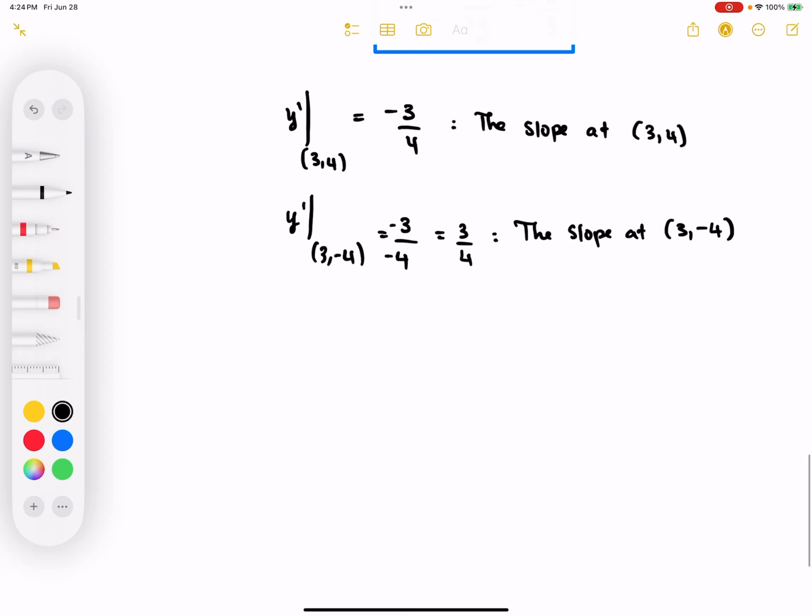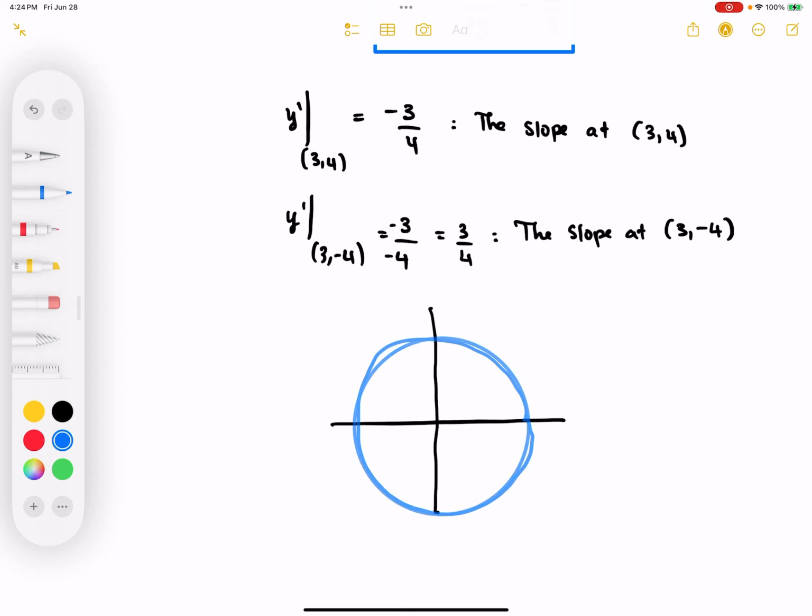Remember the previous circle, or let's draw another circle, the same. There is a point 3, positive 4, and also another point 3, negative 4. When you draw this, here is the first slope, and here is the other.